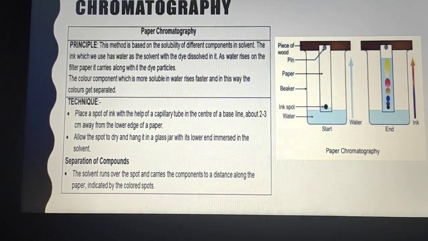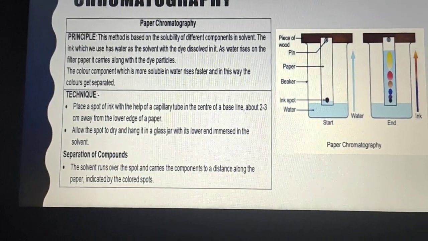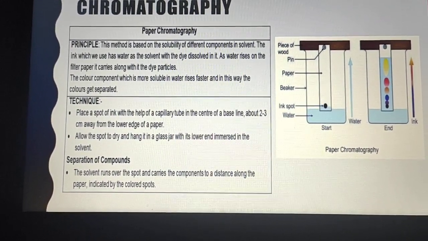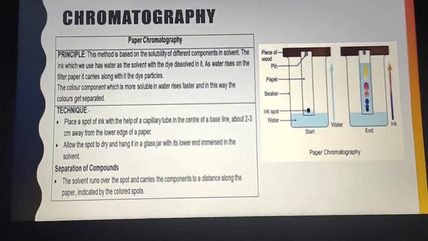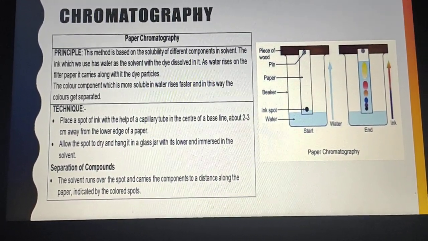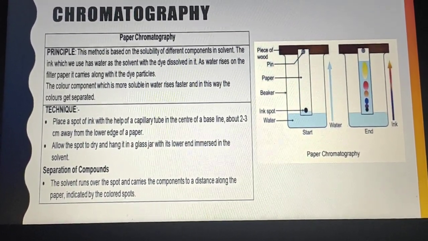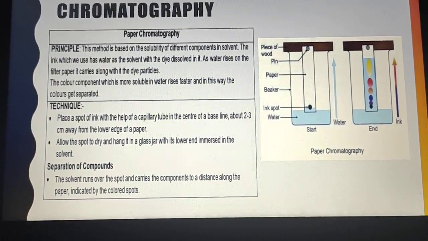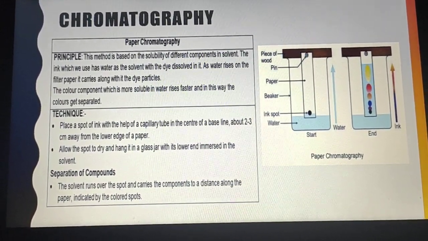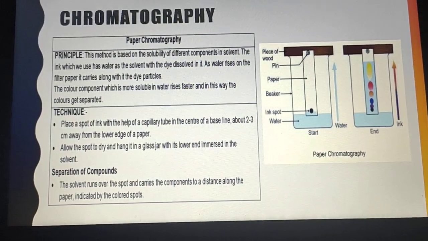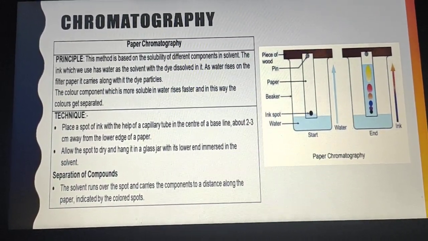Here we take a vertical strip of some length of Whatman filter paper. This is not a normal filter paper, it is a Whatman filter paper. On it you have to draw a line 1 centimeter above the bottom, and at the middle you have to put a spot of the ink or the mixture of inks.